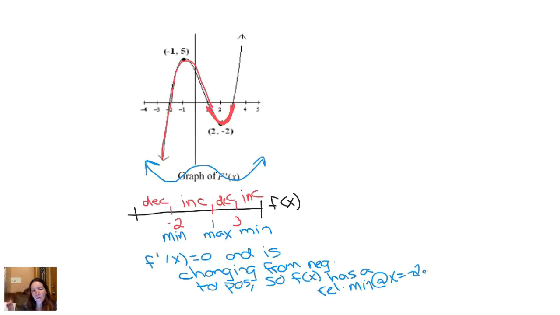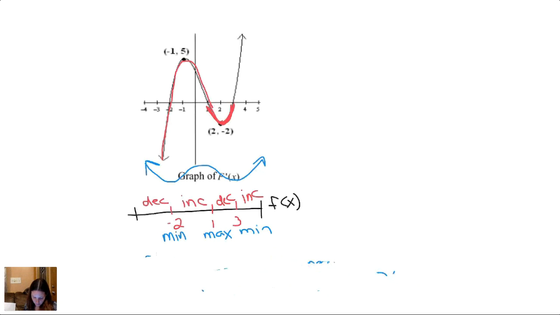We can also know things about the second derivative, right? So let's think about the second derivative. The second derivative is talking about the slope of the first derivative.